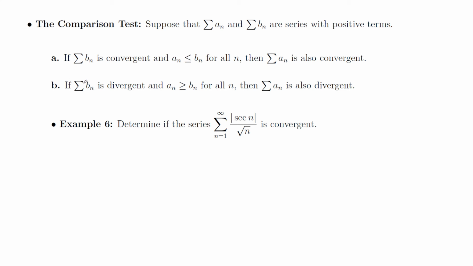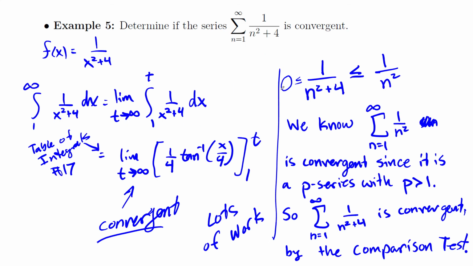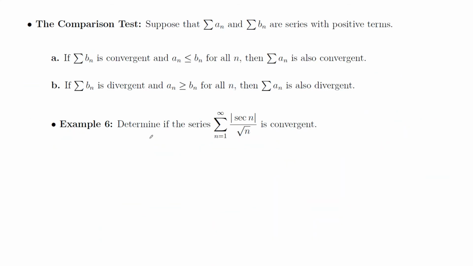On the other hand, if this one is divergent and all the terms in your series are bigger than or equal to all the terms in that divergent series, then yours must be divergent. So we just did a comparison test to show convergence, okay? Let's take a look at this one here.